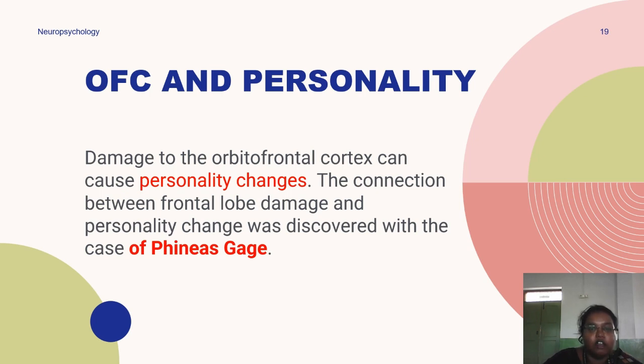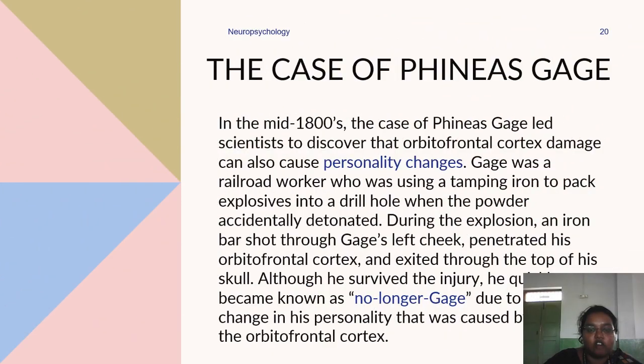The connection between frontal lobe damage and personality change was discovered with the case of Phineas Gage. In the mid-1800s, the case of Phineas Gage led scientists to discover that orbitofrontal cortex damage can also cause personality changes. Gage was a railroad worker who was using a tamping iron to pack explosives into a drill hole when the powder accidentally detonated.